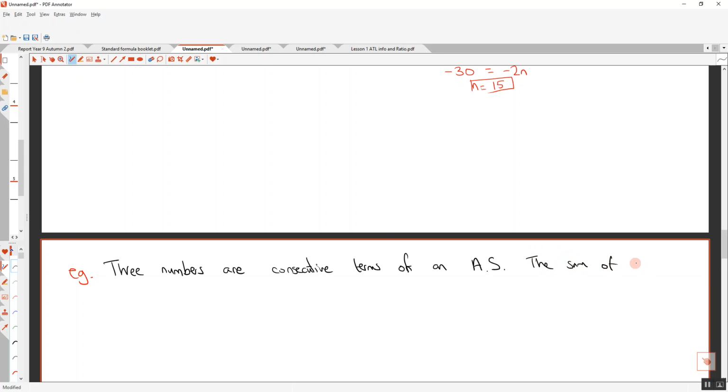The sum of the 3 numbers is 45. And their product is 3,240. What are the 3 numbers?